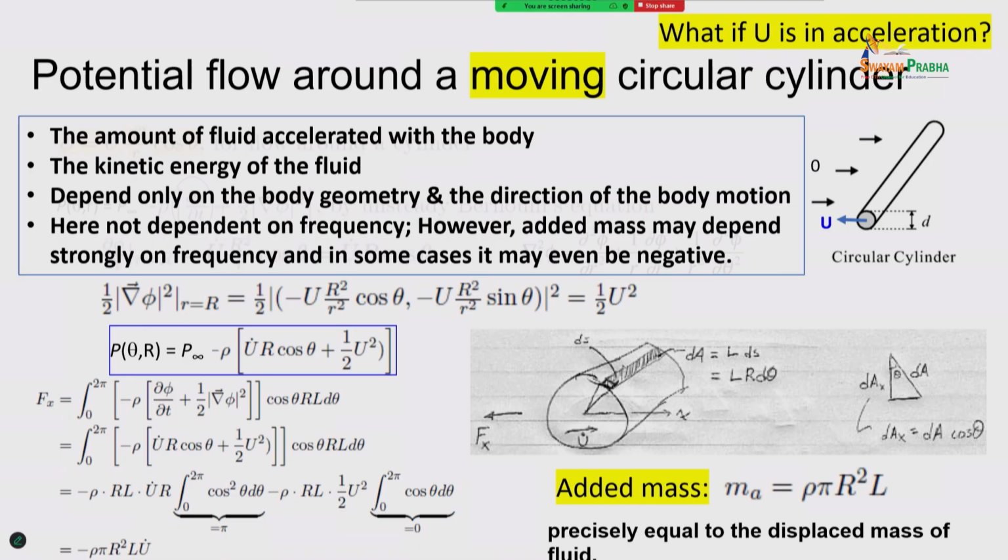So that is related with mass. Such added mass will depend on the geometry of the body, and also on the velocity direction. Just imagine that we said this is the center, right? If the center moves in this direction, the acceleration and the added mass will be different.